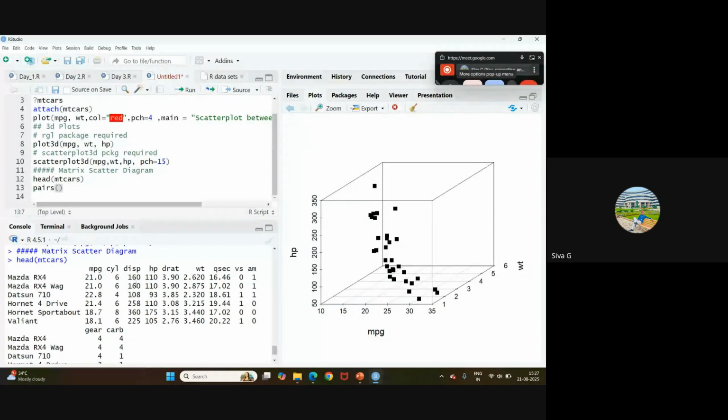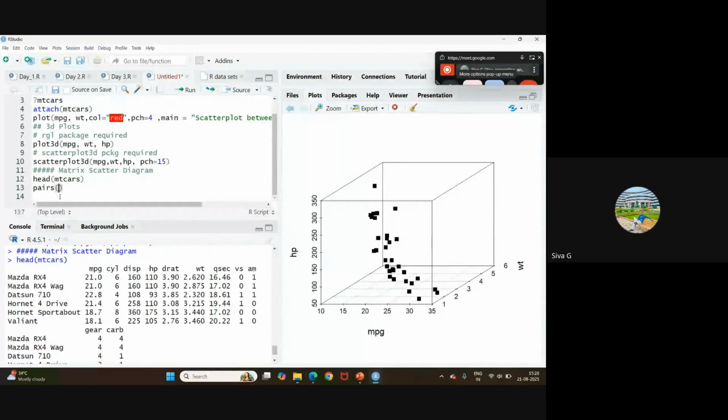Displacement is continuous, horsepower is continuous, drat is continuous, weight is continuous, and qsec is continuous. vs, with values 0 and 1, is a binary categorical variable, and am, automatic, is also binary, 1 or 0. Gear is the number of gears in the car, and carb is the number of carburetors. These are also counts.